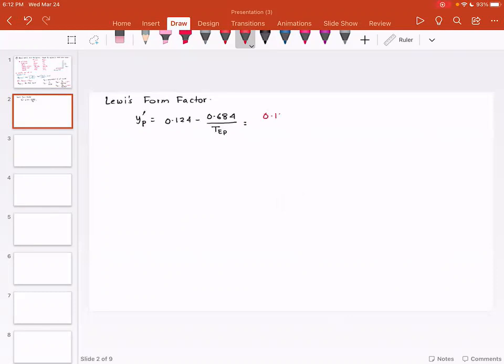So 0.124 minus 0.684 divided by 22.26, and the answer is 0.093. Please note, this equation is the same equation as for spur gear.